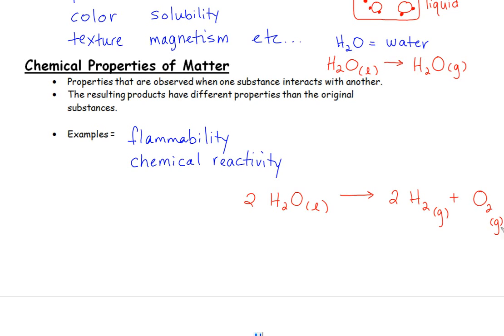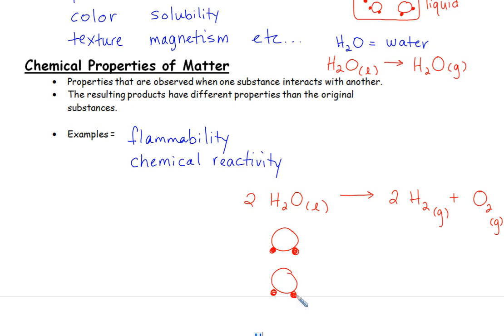Visually in my head, here's what this kind of looks like. Now here's 2 water molecules. That 2 out in front means 2 water molecules, which again, I'm hoping that you've done a little bit of chemistry in the past, whether you had biophys, physical science, wherever you're coming from. You might recognize some of these symbols in a chemical reaction.